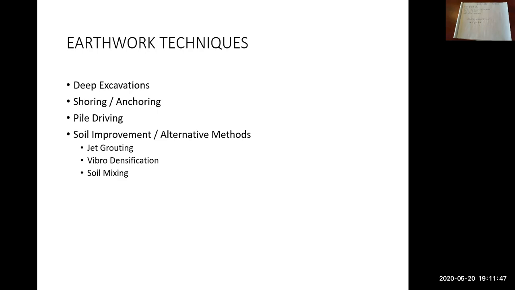Other methods include things like pile driving. So different types of piles. So there's round piles, so pipe piles. There's H piles. There's wood piles. So think of a wood post, almost like a telephone pole, only not quite as big in diameter.